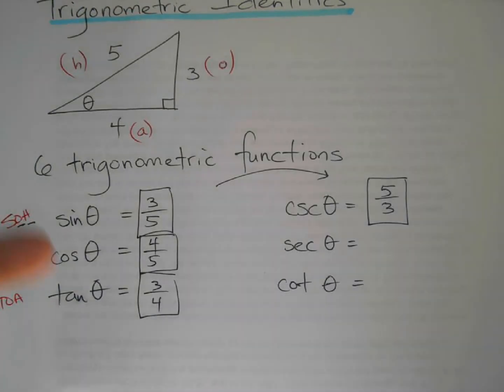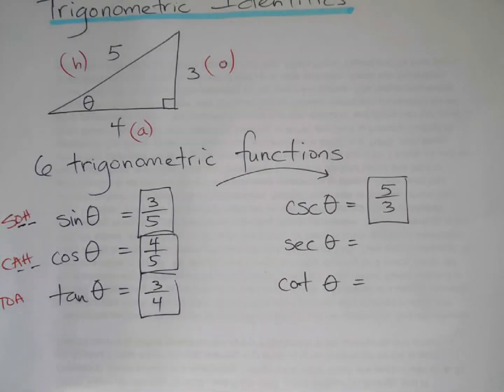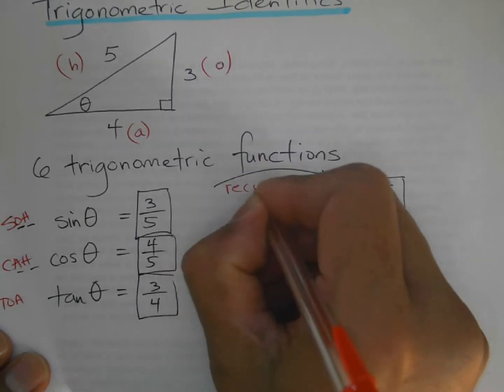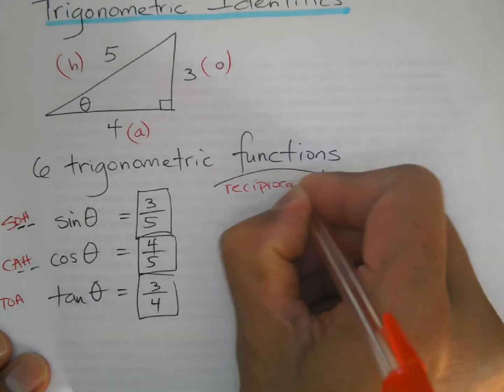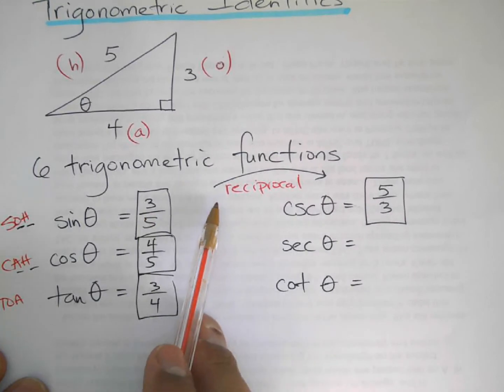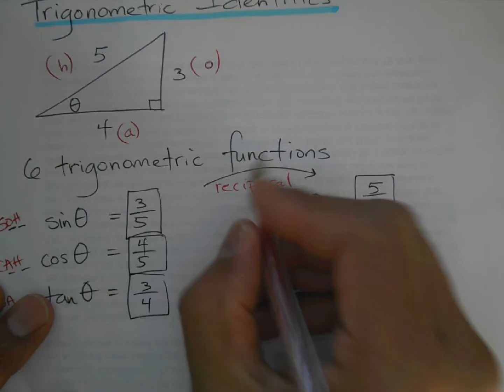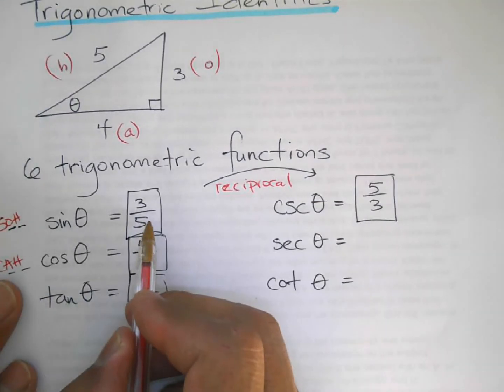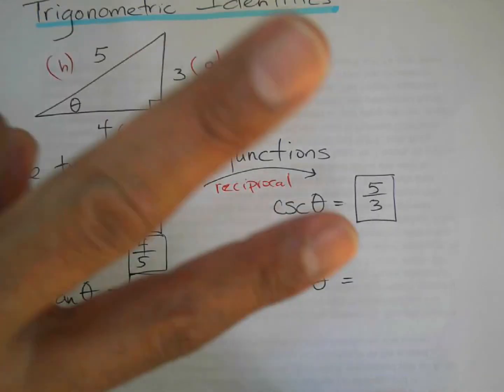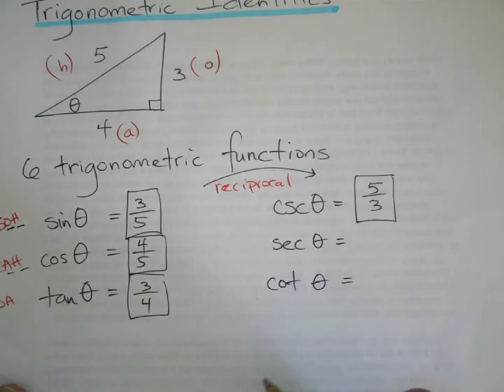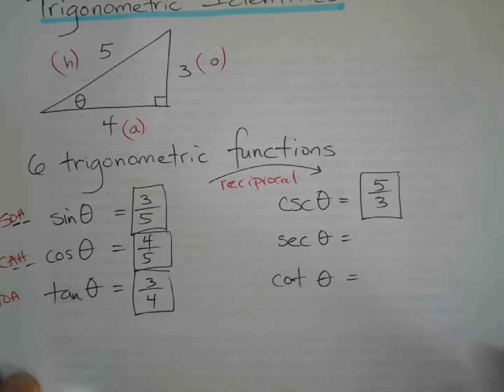I mean, I understand it. I know we just do the reciprocal, right? But the question is, how do you communicate that in math? In math, how do I get a fraction and get it to flip over, right? To do the reciprocal. That's where these identities come from.